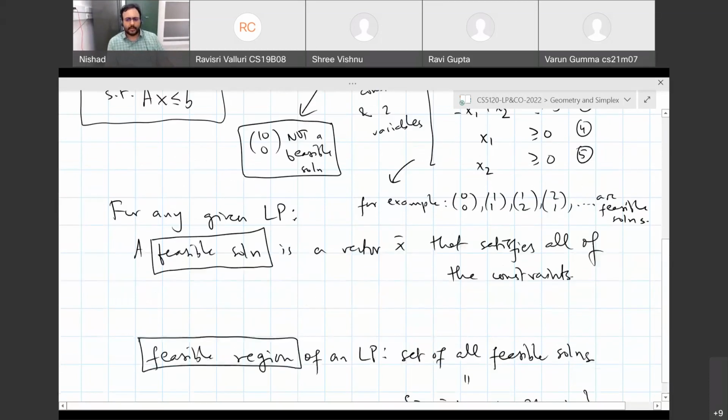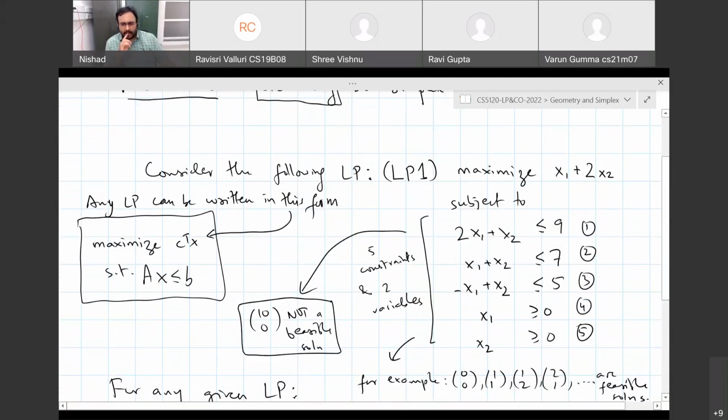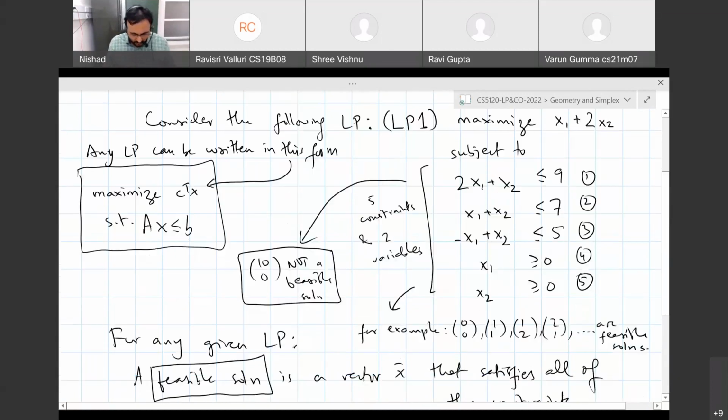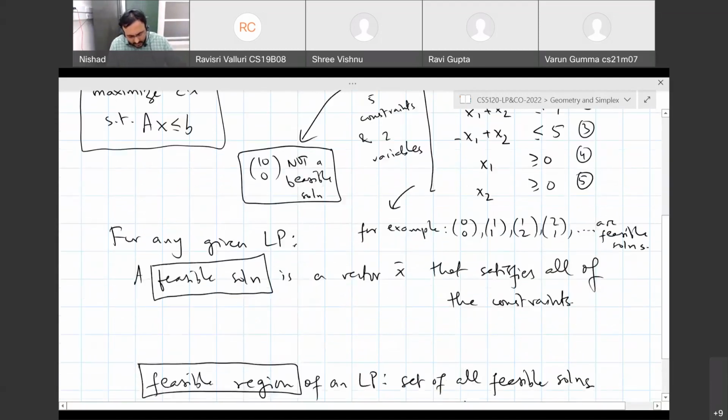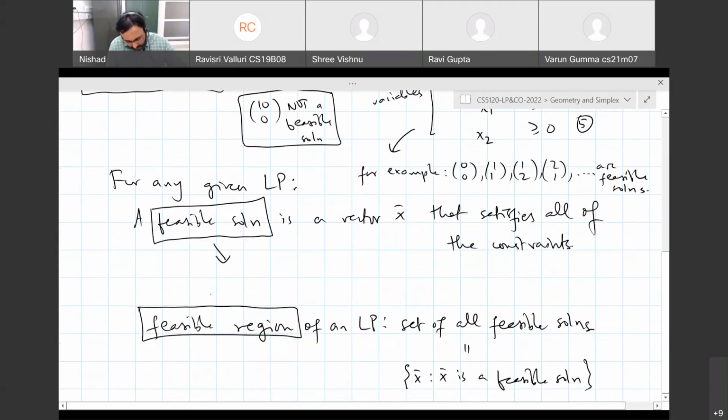So what does this space look like? I just want to plot this for this example. You can see that I've deliberately chosen 2 variables so that we can actually draw things on the paper, in the plane. Notice that these things have nothing to do with the objective function. The objective function is basically irrelevant for today's discussion.